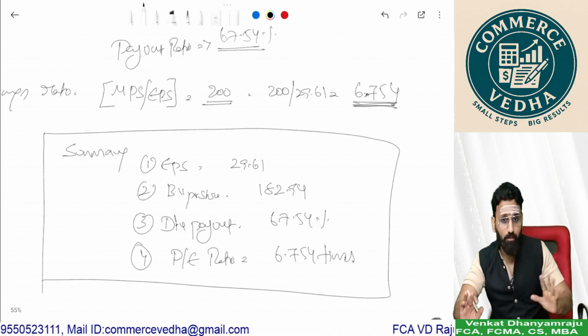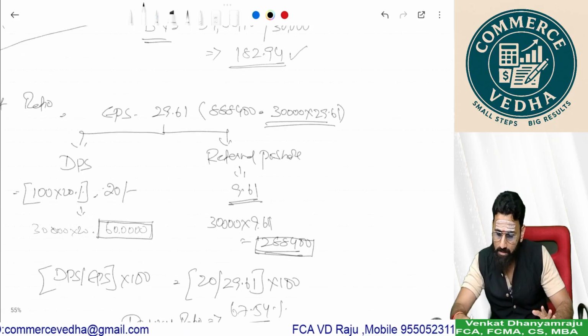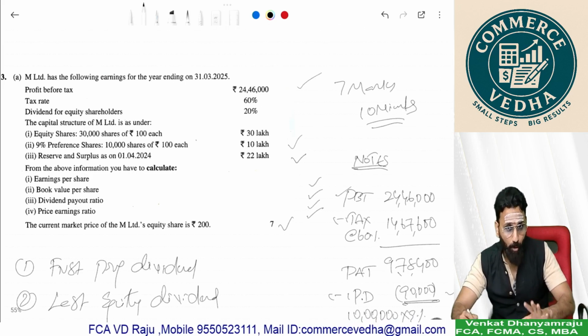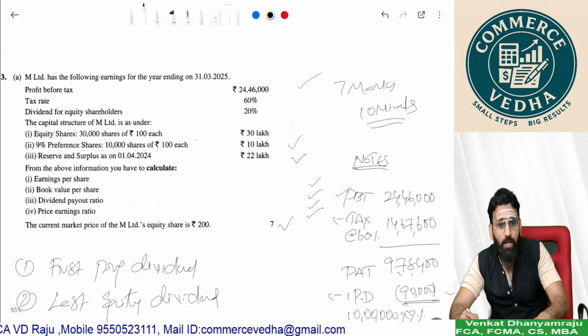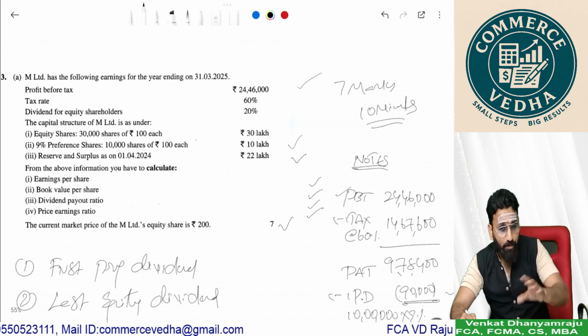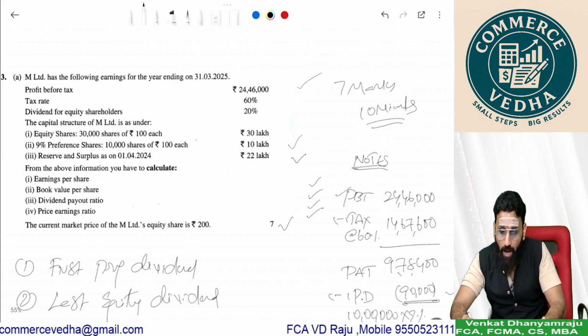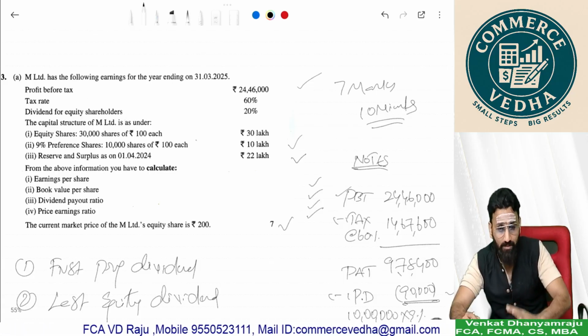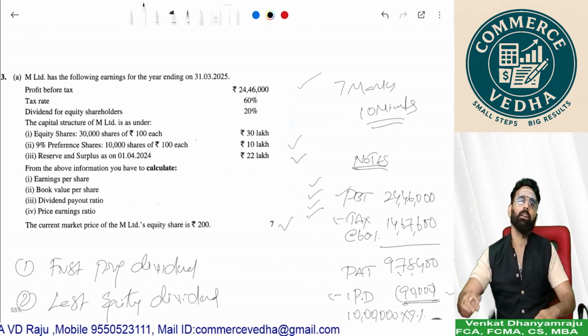What is very important in this question is you should understand the basic terminology: profit before tax must be deducted for tax before you declare dividend, and after tax you first give the dividend to preference, then you can give the dividend to equity.